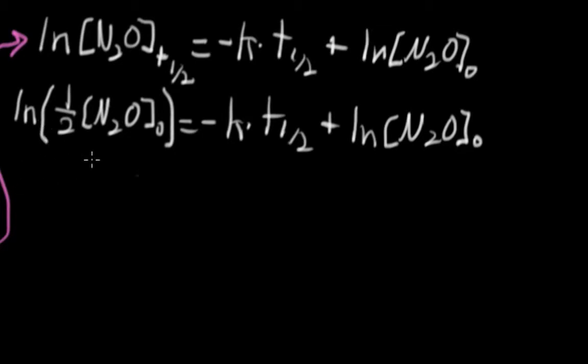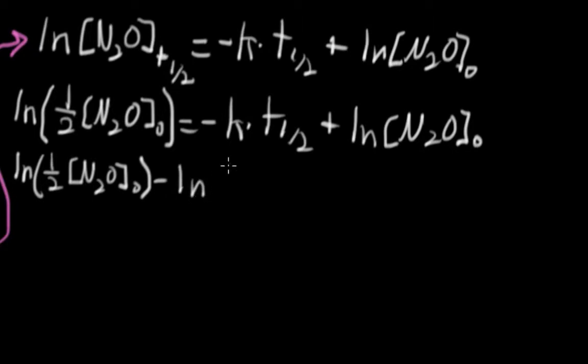First, I'll bring all the things with the natural log over to the left side of the equation. So we get the natural log of 1/2 our initial concentration of N2O gas minus the natural log of the initial concentration of N2O gas is equal to negative k times T1/2.